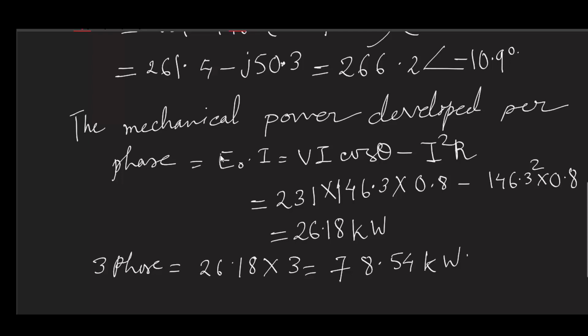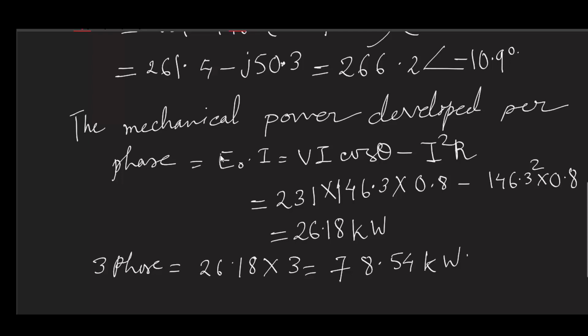So one thing that we can understand is that although E naught, magnitude wise, for a leading load is greater than the magnitude of your terminal voltage, still the loss is always unidirectional. Loss is always getting subtracted from your input electrical power, and that gives you the mechanical power developed.